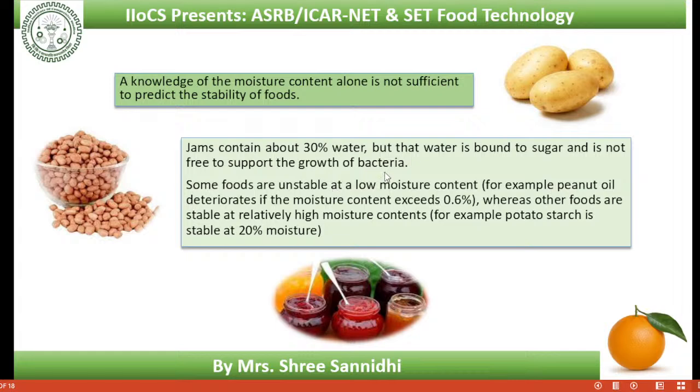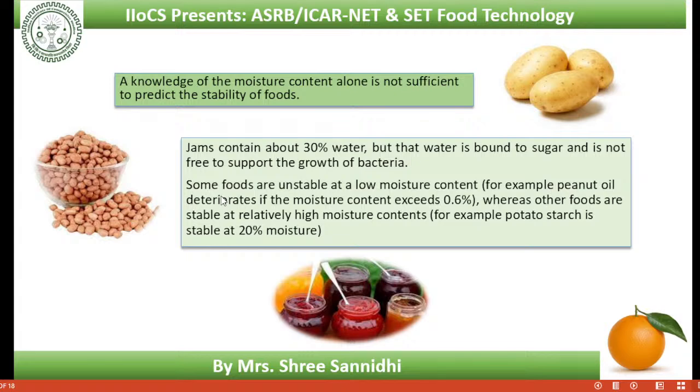Yes, students, we have many preserved foods like jams, pickles and all. So microorganisms cannot grow in that. Why? Because it is preserved. So then what is that factor which is affecting the food processes in the products? Okay, so let's see that in the next slide.